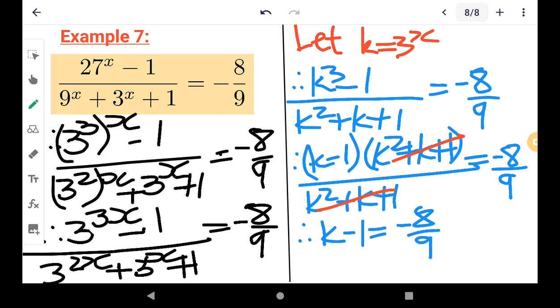You multiply throughout by 9, you get, therefore, 9k minus 9 equals negative 8.